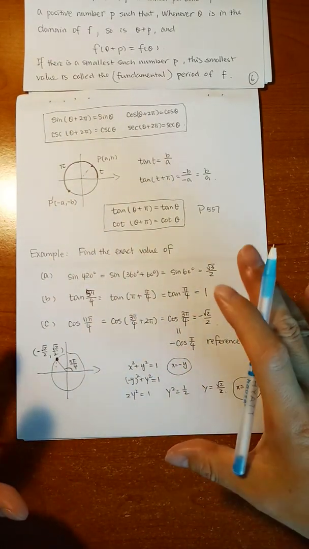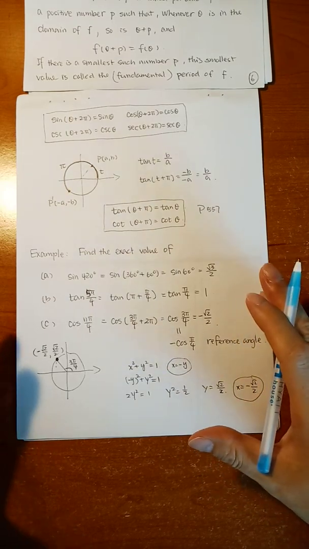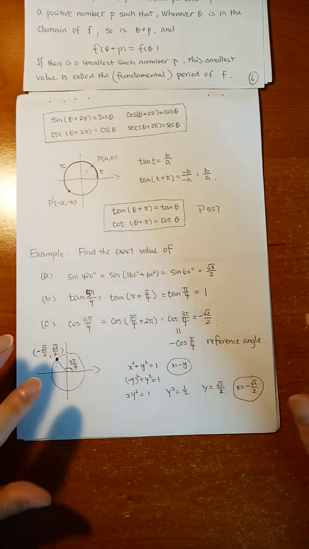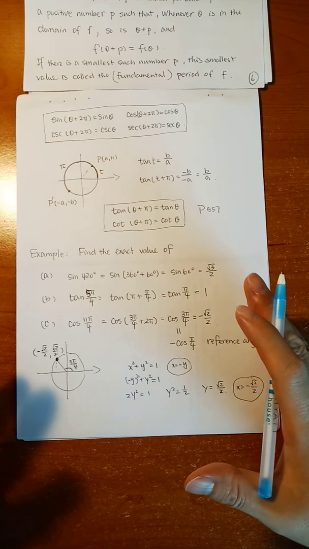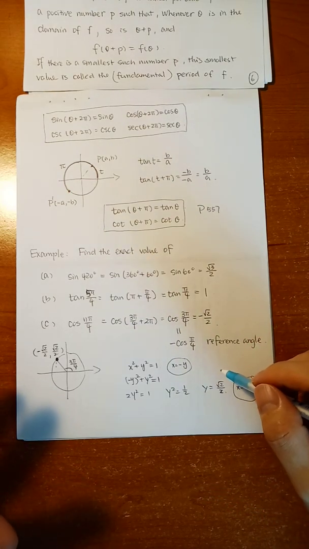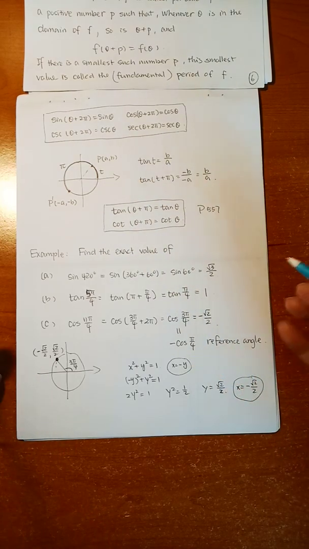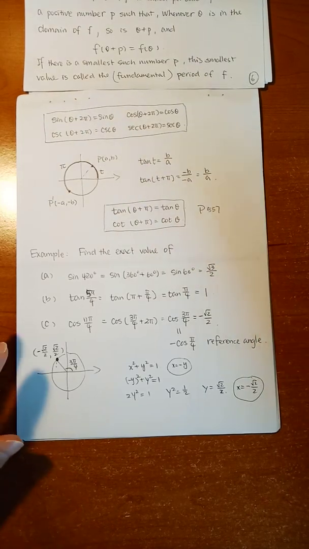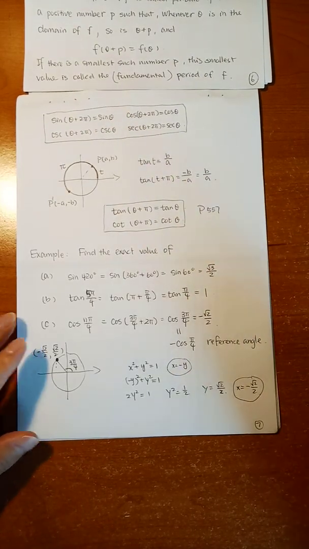Of course, this method can only be applied for some special angles. If you have an arbitrary angle, it's almost impossible for me to tell you how to determine the trig values. So far, we don't have enough tools to compute.